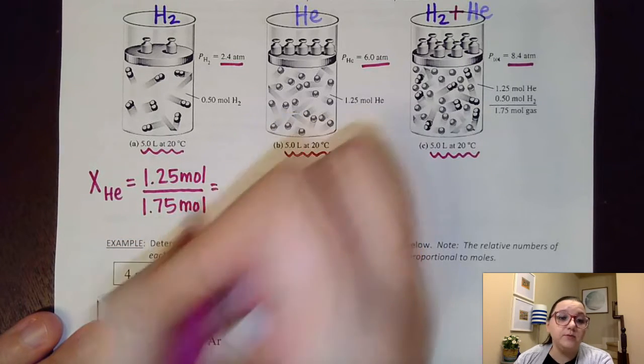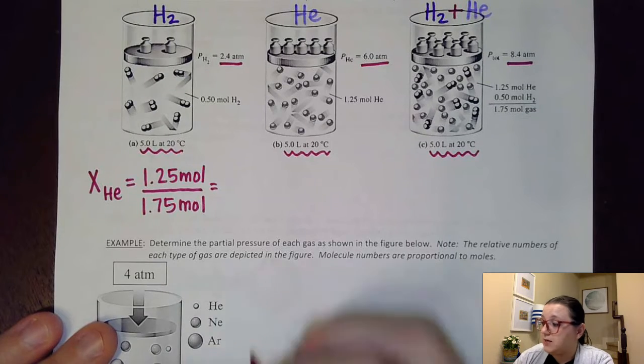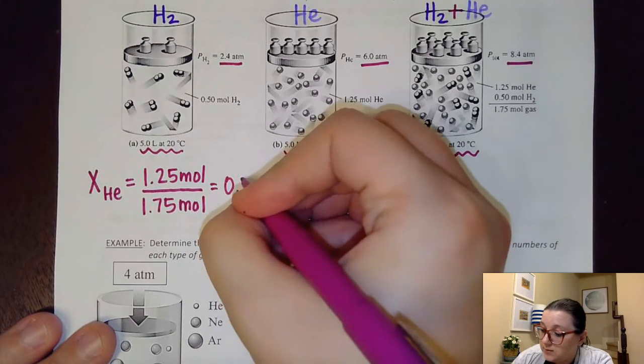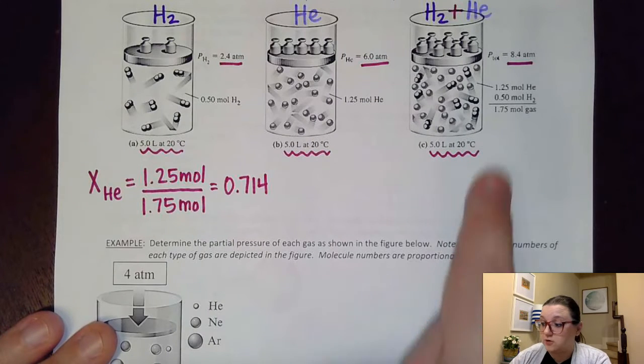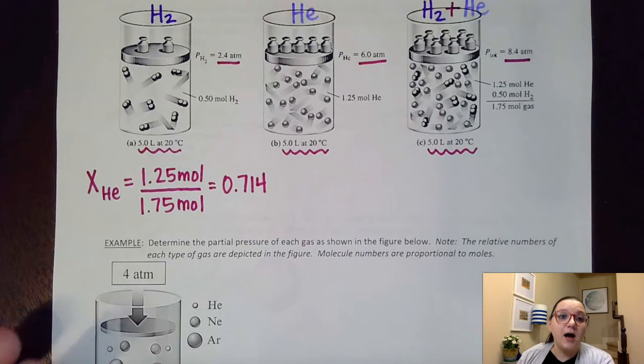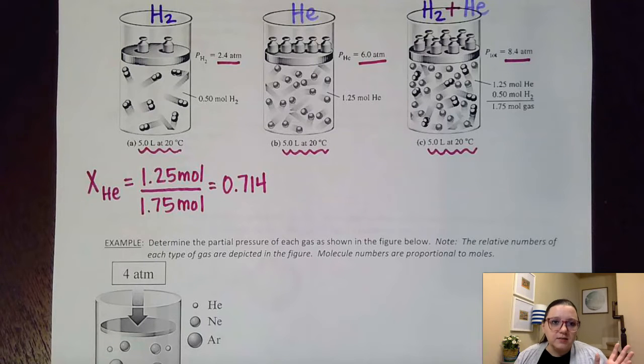And when I divide those in my calculator, that ends up getting a value of 0.714, which is the mole fraction of helium in this final mixture container. The hydrogen would be 1 minus the 0.714 for its mole fraction. The two mole fractions should add up to a value of 1.